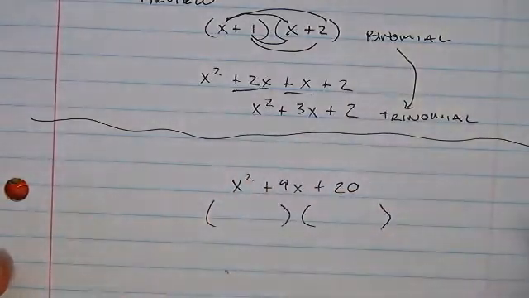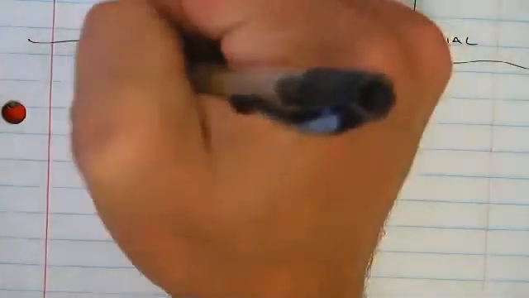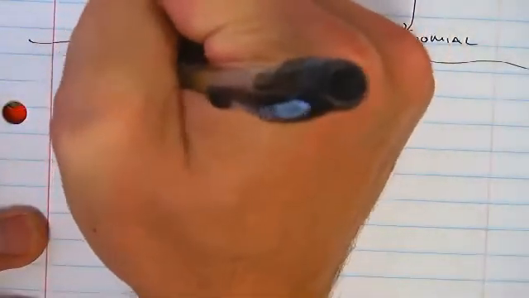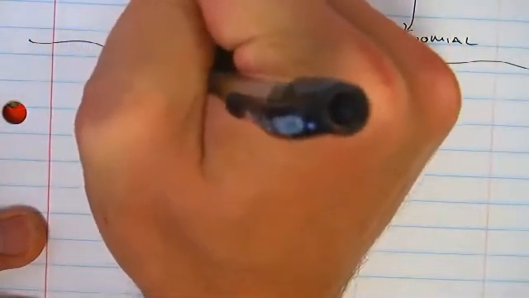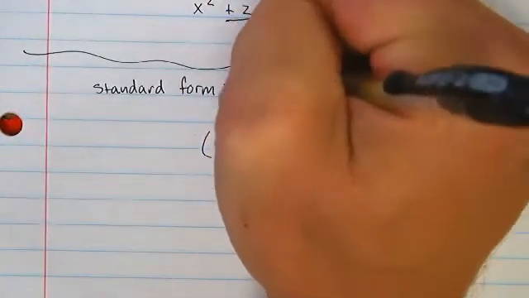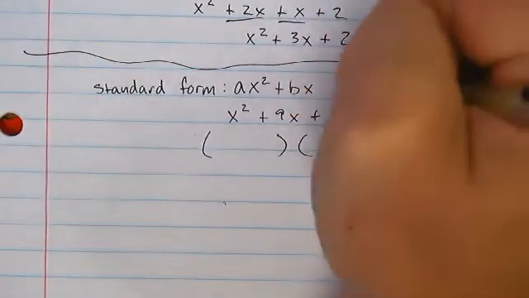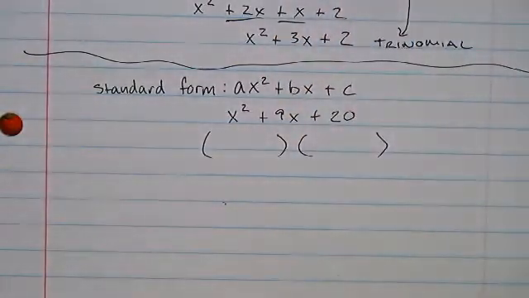So, right, we're going to skip that for right now and understand that there is a standard form, and it's always going to be this, okay? It's always going to be ax squared plus bx plus c, okay?